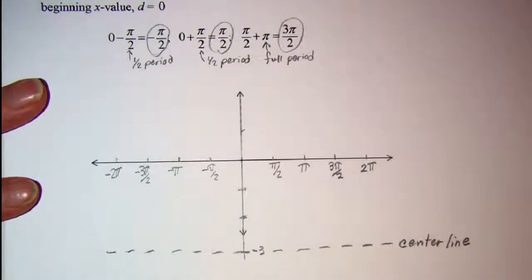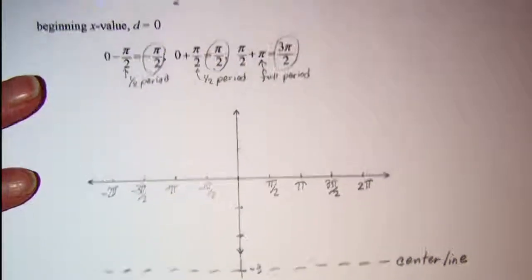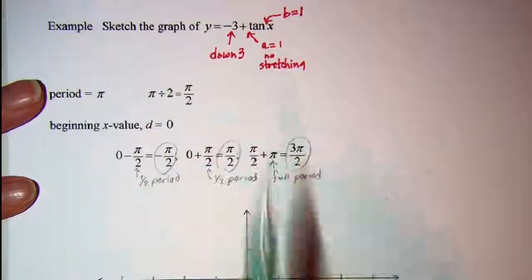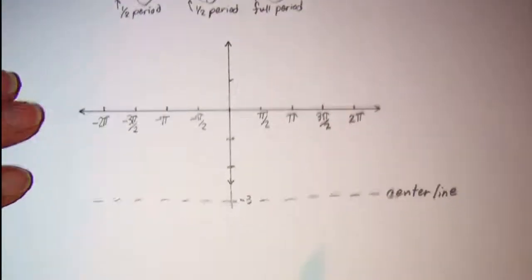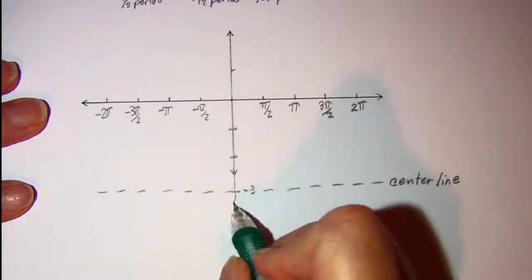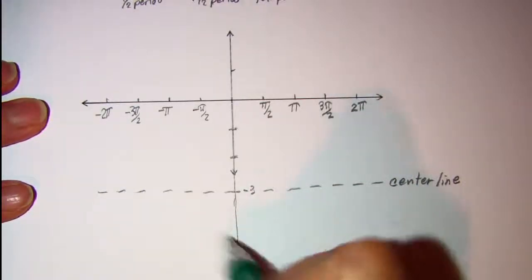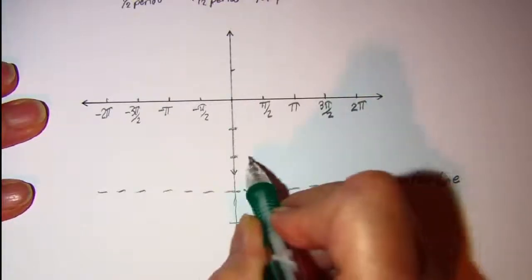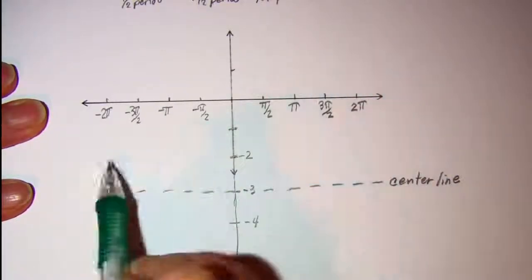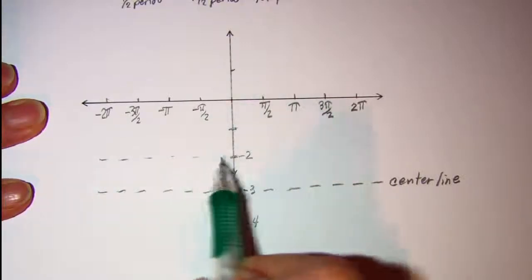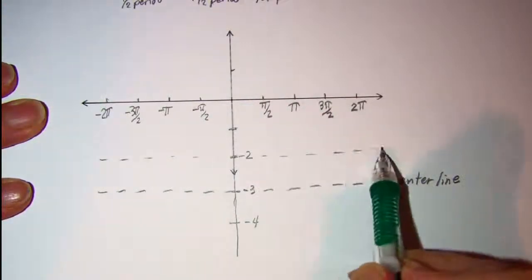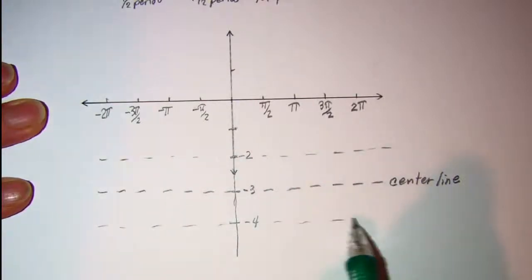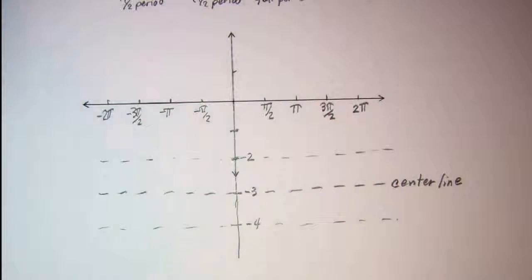And then my A value was 1. So this is -4, and this is -2. I'm going to put a guideline there for the A value, because that's where we'll mark 1 unit away from the center line.